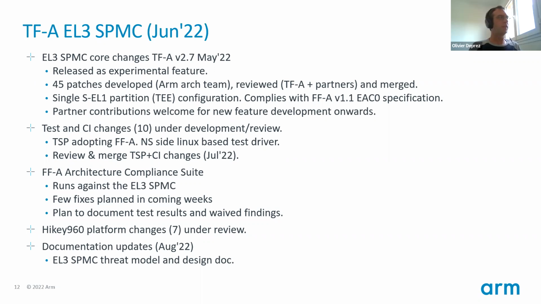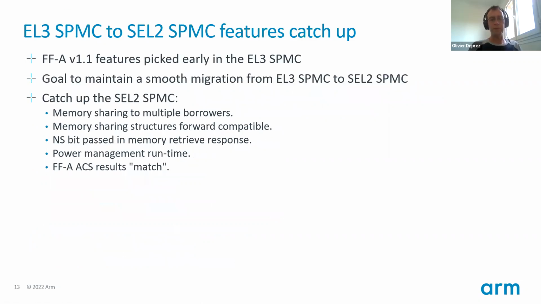In the next slide, I'm just hinting at something that Marc mentioned, in the sense that we want to maintain the SEL2 SPMC on par with the features that the EL3 SPMC implements. So that's a one-way feature catch-up from EL3 SPMC to SEL2 SPMC.